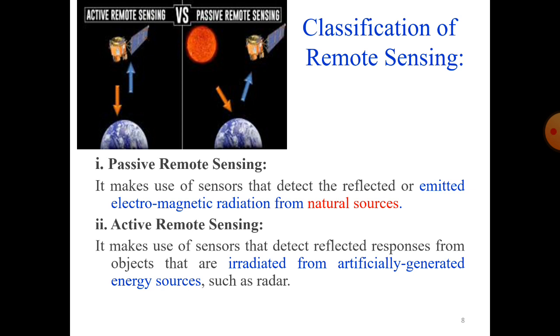It is called passive because it can emit the radiations only during daytime, and information about the earth cannot be collected during night time. So the energy resource won't be there during night time, and sensors will not work during night time. So this is about passive remote sensing.